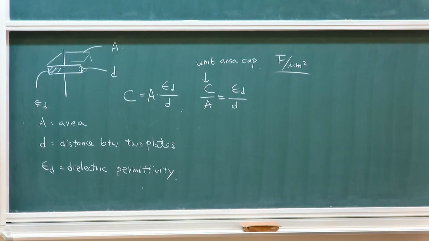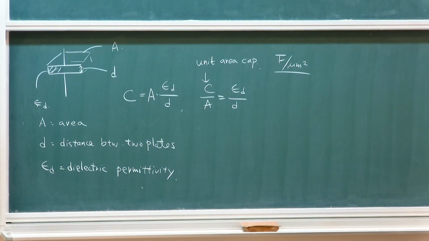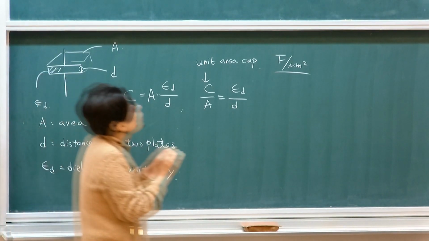In integrated circuits, we typically use micrometer squared or nanometer squared, but micrometer squared is very commonly used. Okay? So we can actually do that for our capacitance across the junction.